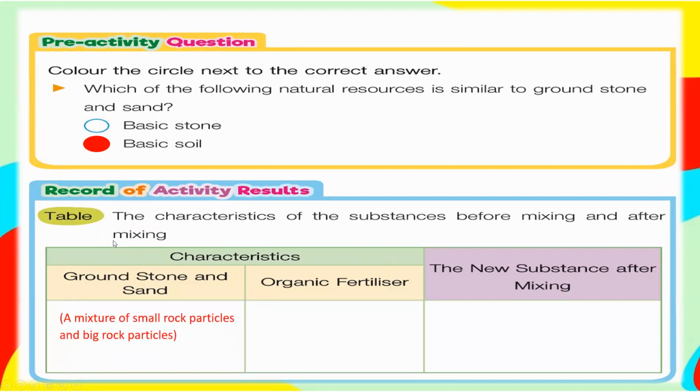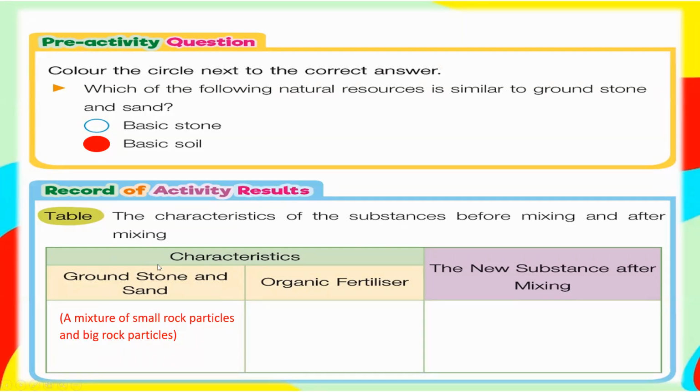the characteristics of the substance before mixing and after mixing. Like what were the characteristics of the material before we mix and after we mix. Okay, here we will know. Now, the first one, characteristics, right? So ground stone and sand.